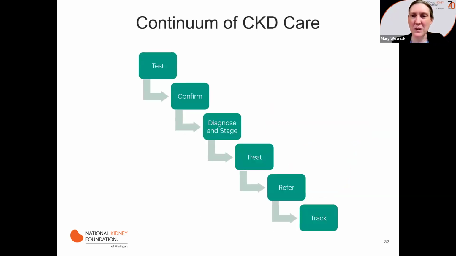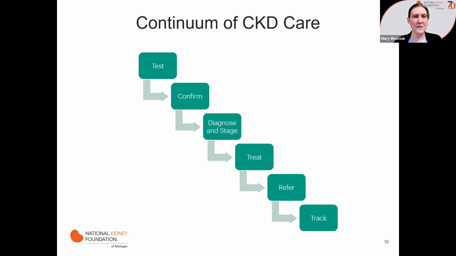Okay. I also wanted to point out that today we focused a lot on integrating technology, workflows and education around CKD testing, but just a reminder that's just the first important step in a whole chain that's going to lead to better outcomes for people with CKD. So testing, and then confirming again in 3 to 6 months, making that diagnosis.